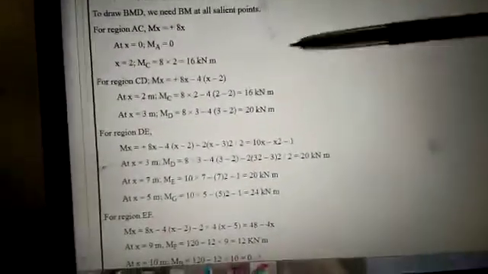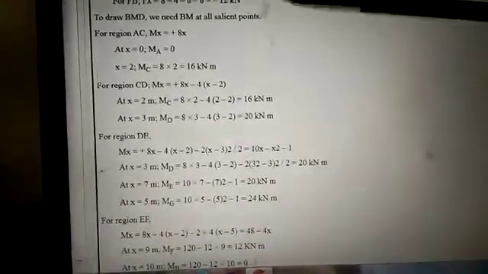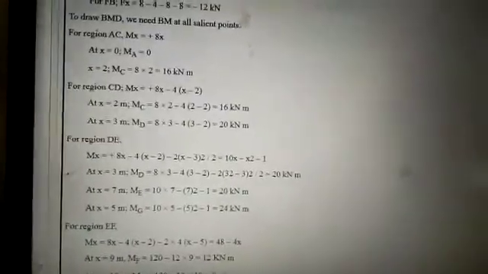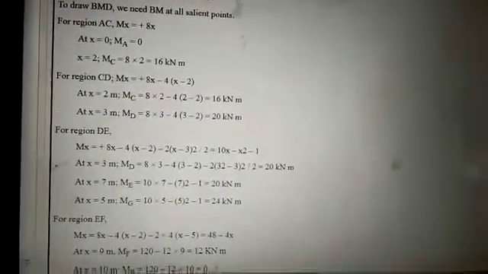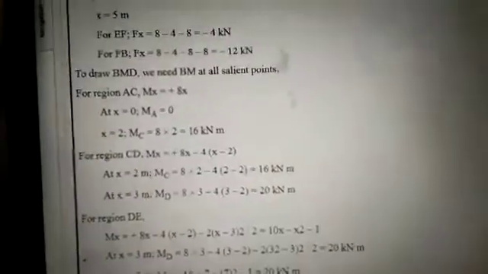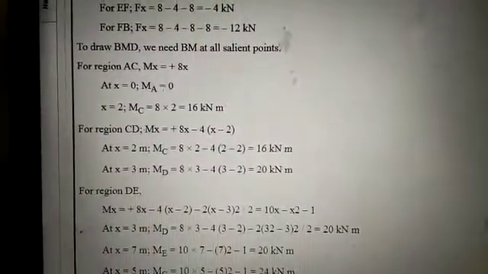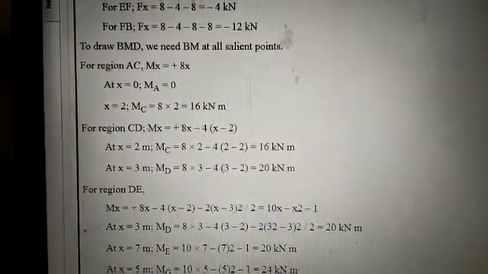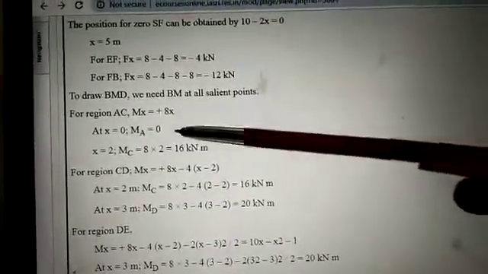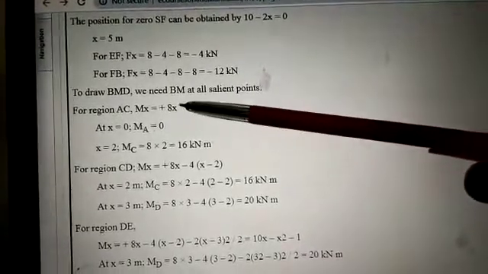In order to draw the bending moment diagram, we need the bending moment at all the points. So for this, first in between AC we will consider a section XX. For this section the bending moment Mx is plus 8, that is the reaction Ra, multiplied by x.